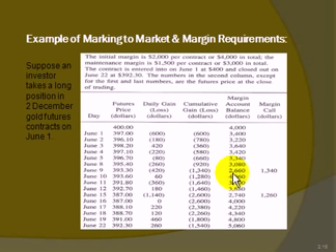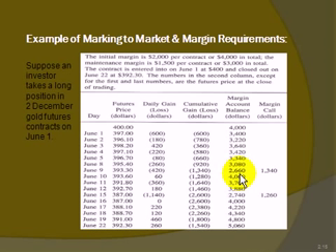On this June 9th, your balance becomes lower than the maintenance margin. Okay, at this point you're getting what's known as a margin call, because you're breaking the maintenance margin. Now you're going to have to make your balance up to the level of initial margin.